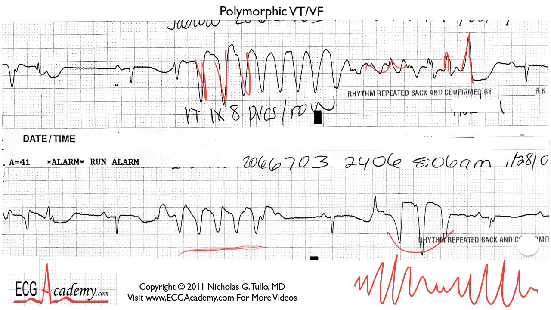What's more important is when you look at this normal beat with a P and a QRS, look at the T wave. Where the heck is it? It's over here. Look at how long that QT interval is. If you measure from here, it's 2, 4, 6, almost 700 milliseconds. It could even be 800 milliseconds. It's enormous. And that first beat of this polymorphic ventricular tachycardia arises from the tail end of the T wave.